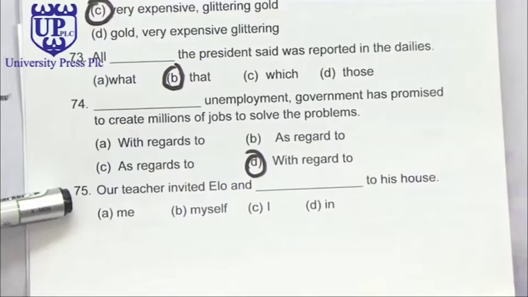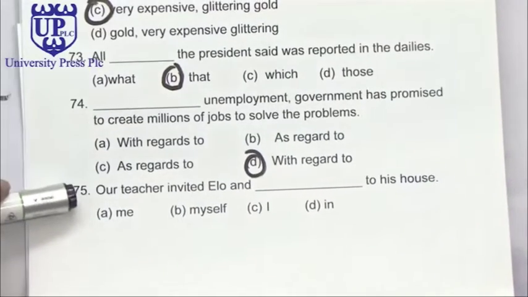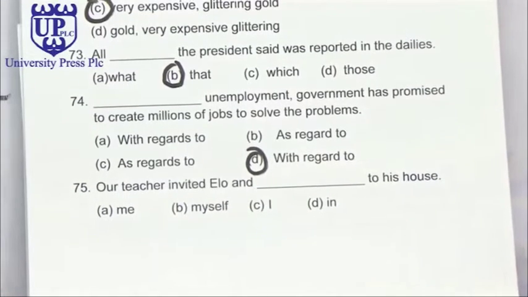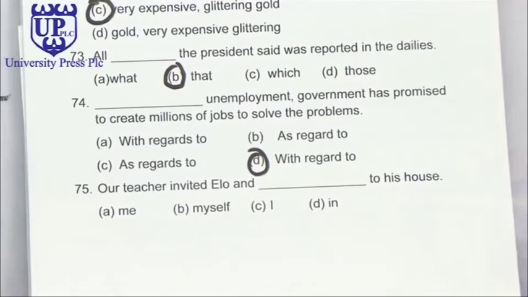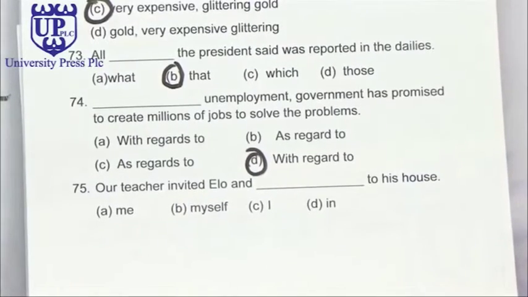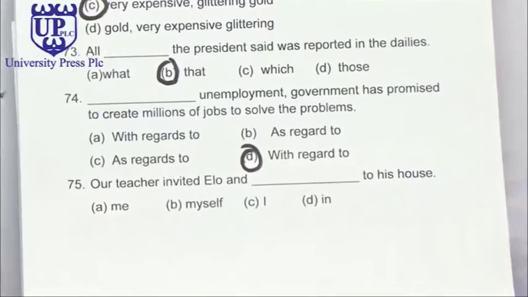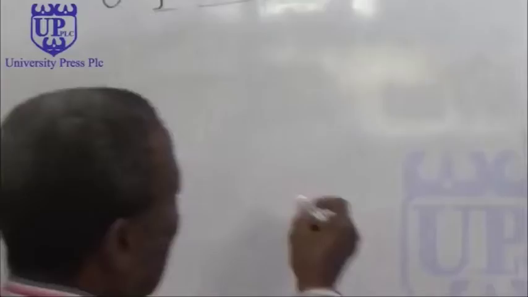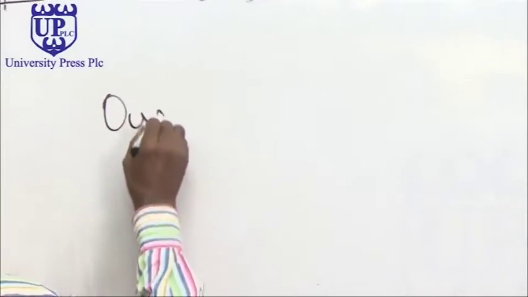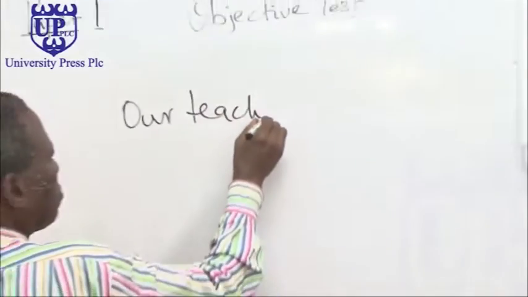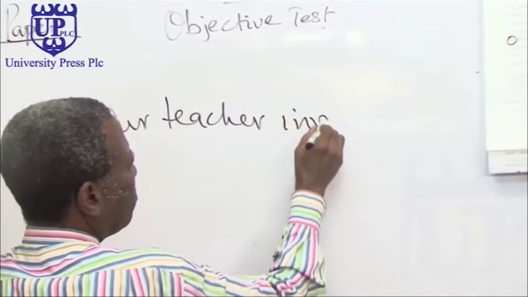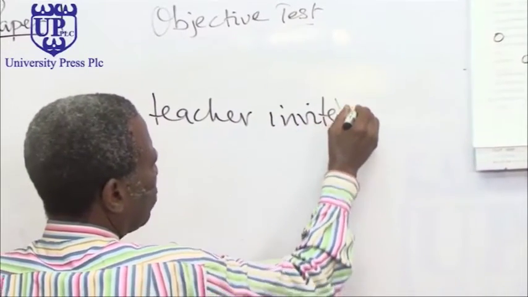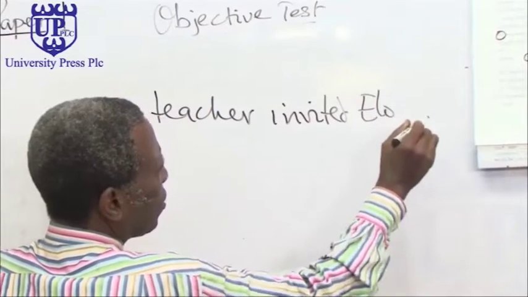Then number 75, a teacher invited Elo and dash to his house. Now take note here, be very careful. You cannot say Elo and I. It's always Elo and me. Let's talk a little about that one. If you want to analyze this statement, our teacher invited Elo to his house.